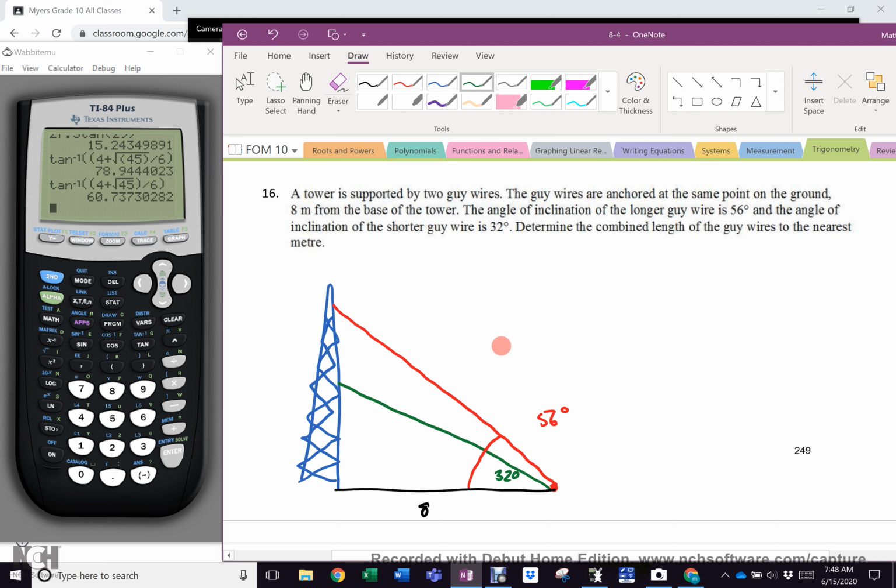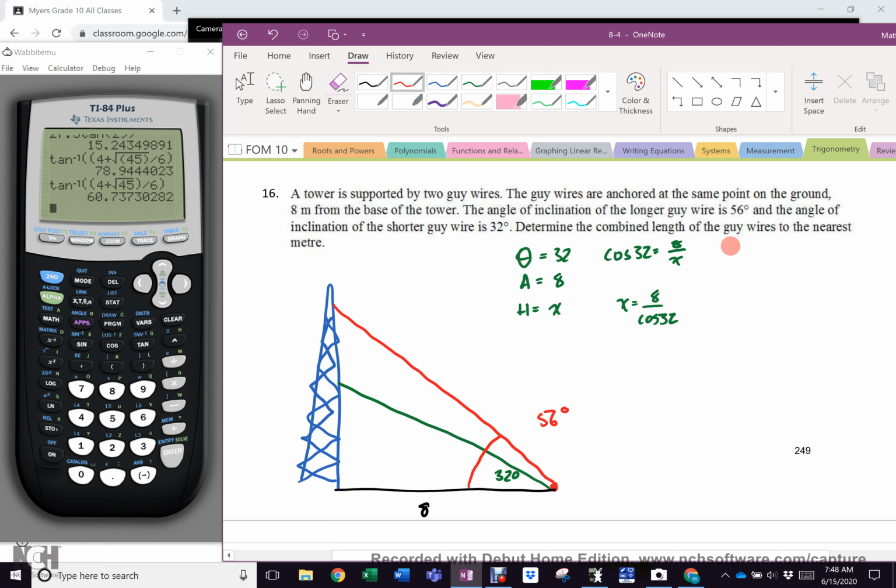I need the hypotenuse, don't I? So I have a theta equals 32, an adjacent which equals 8, and I need a hypotenuse, which I'm going to call x. What uses A and H? Cosine 32 equals 8 over x. So x equals 8 divided by cosine 32.